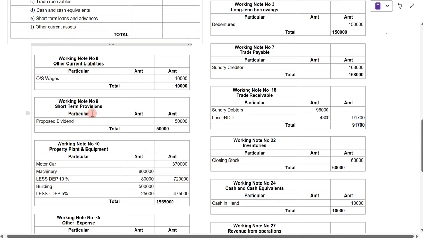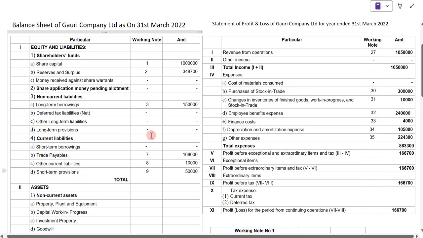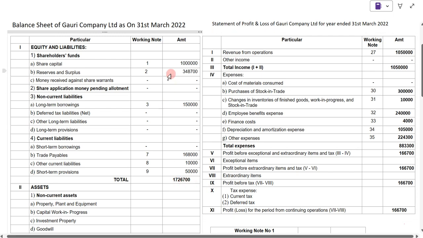Next is short-term provisions, note number 9, total is 50,000. Now all the liabilities entries we have passed, so add all the liabilities. If we add all the liabilities, we will get 17 lakh 26,700. This is the total of the liabilities.